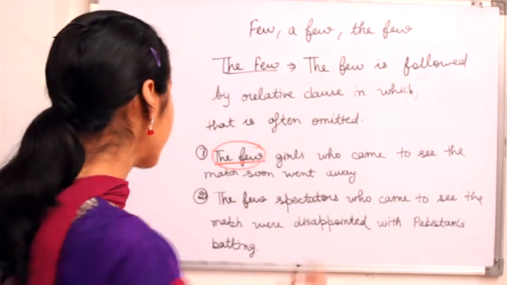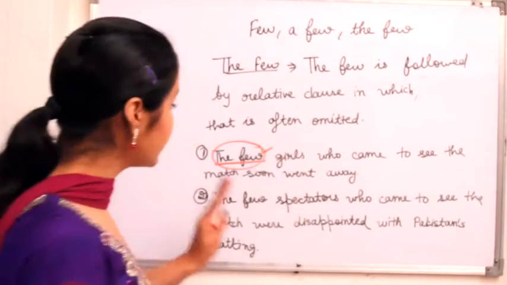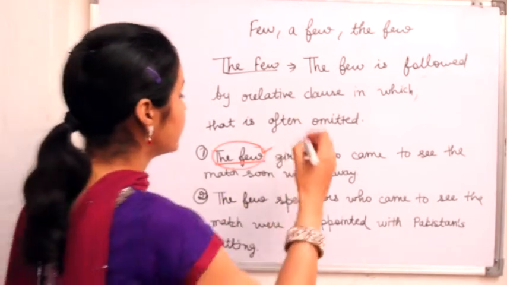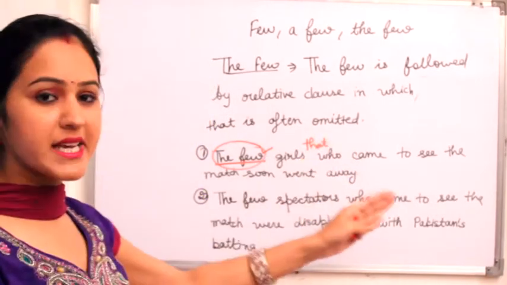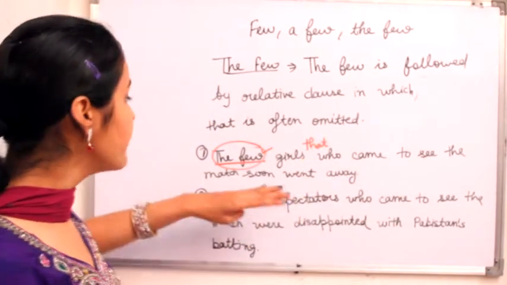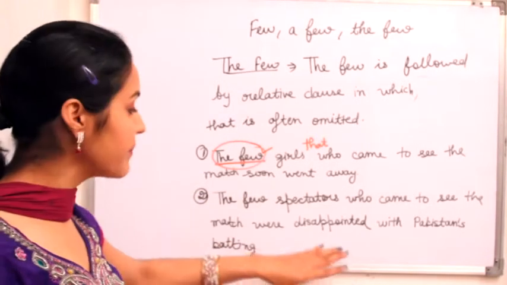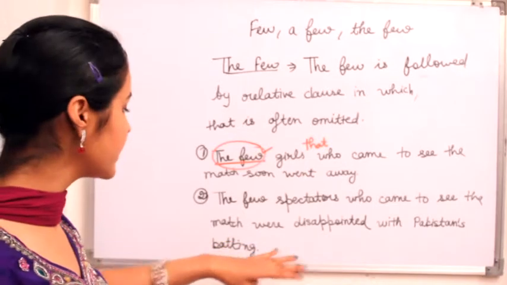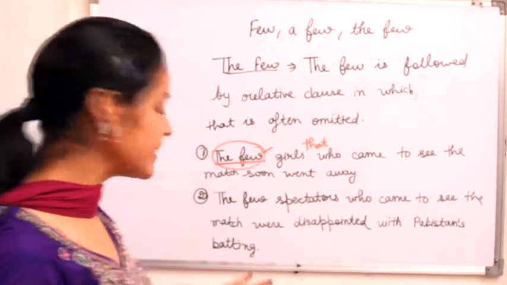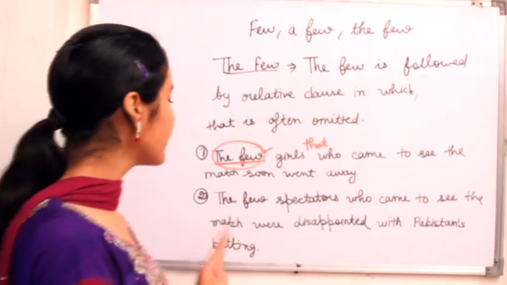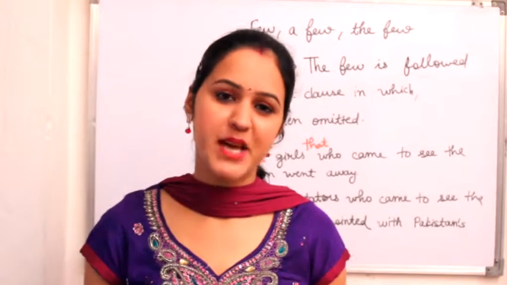So here I write: The few girls who came to see the match soon went away, and this is almost similar to the sentence: The match spectators were disappointed with Pakistan's batting. So here the meaning of the few is the same.